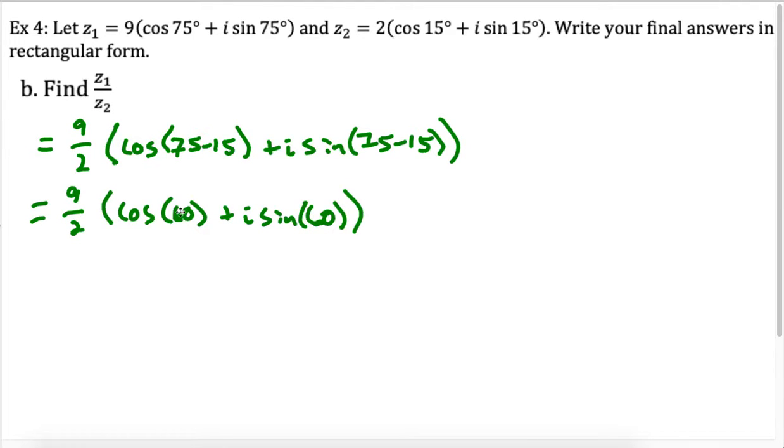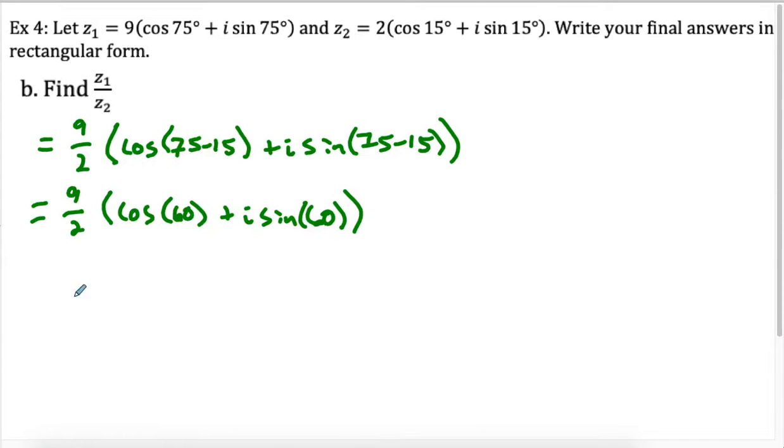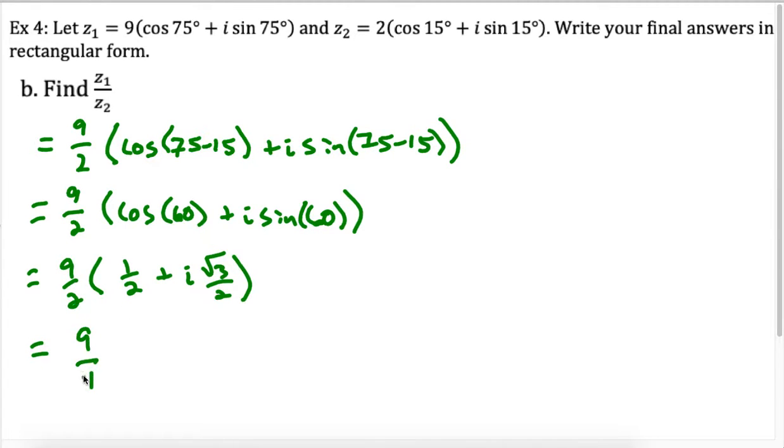And again, we can go to our unit circle and find these values. So at 60 degrees, cosine is 1/2, sine is the square root of 3 over 2. So this would become 9/2 times 1/2 plus i times the square root of 3 over 2, and then multiply this through. So 9 over 2 times 1 over 2 would be 9 over 4.